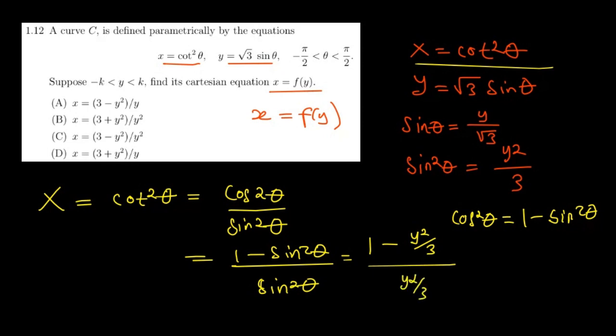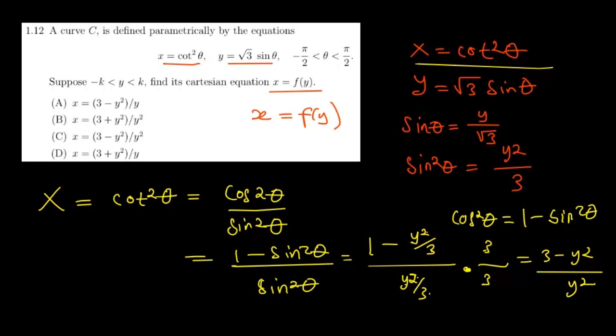Okay, so from there what are we going to do? We're just going to simplify this by multiplying the denominator and the numerator by 3. So if I multiply here by 3 and there by 3, what do I have? On top, 3 multiplied by 1, I get 3 minus y squared, and at the bottom, y squared over 3 multiplied by 3, I get y squared.